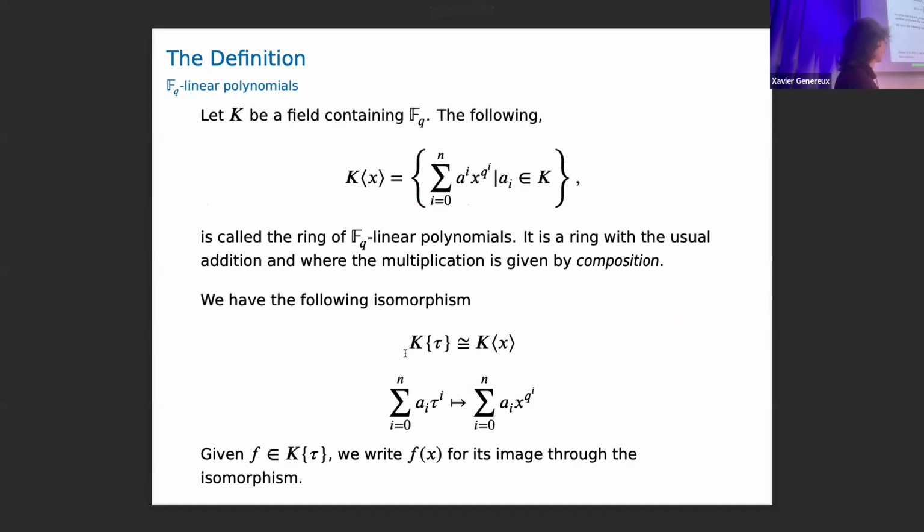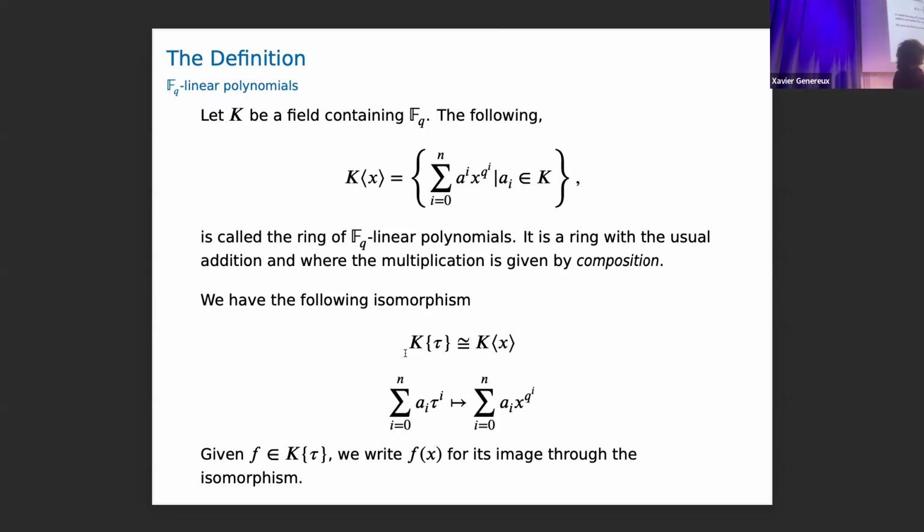We're almost there. Something I want to mention is that this ring of skew polynomials has another way of being seen, as these F_q-linear polynomials, a little like we saw with the Carlitz module example, where we had a linear polynomial. We will need this to define the action, and we get this map here, which is actually an isomorphism.